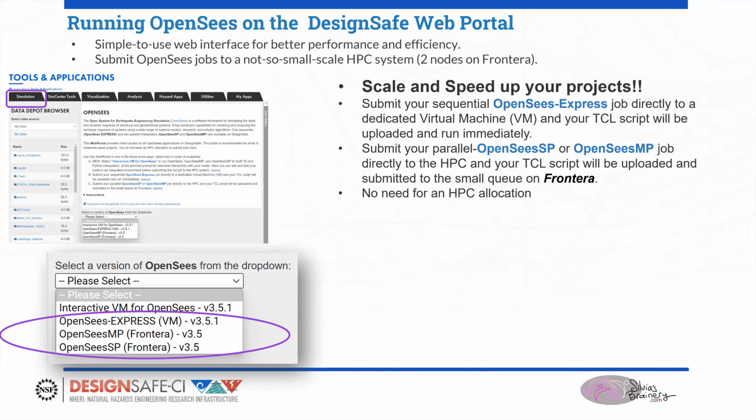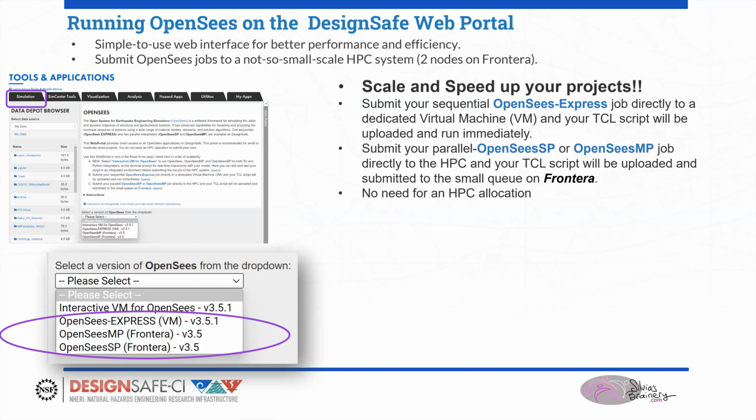This is the rest of the selection that you have in the pull-down menu in the OpenSees simulations. You can scale up and speed up your projects. You can submit your sequential projects on a virtual machine. It's not the same virtual machine as the interactive one. This is a separate machine.